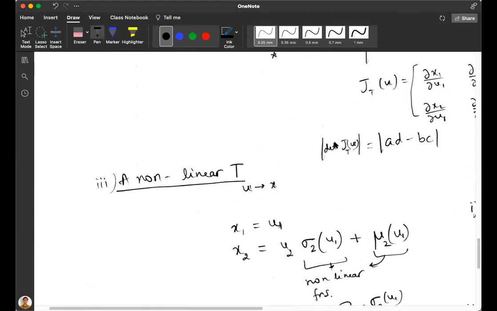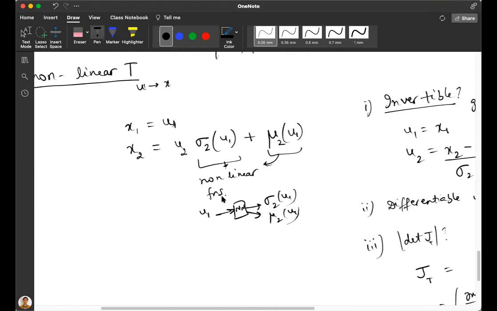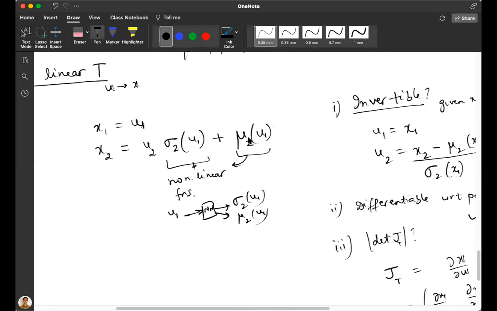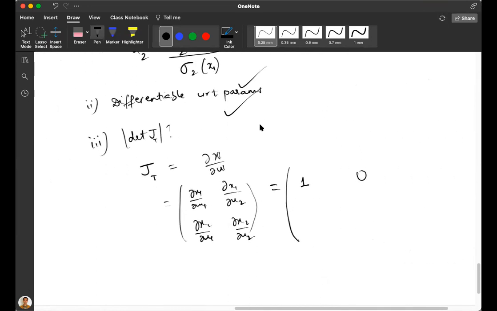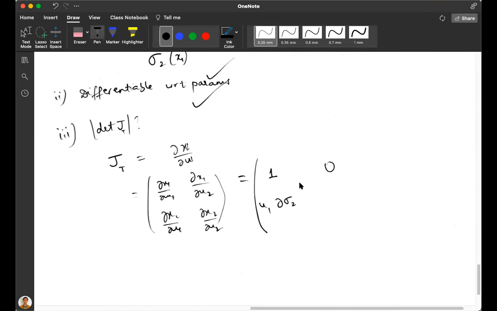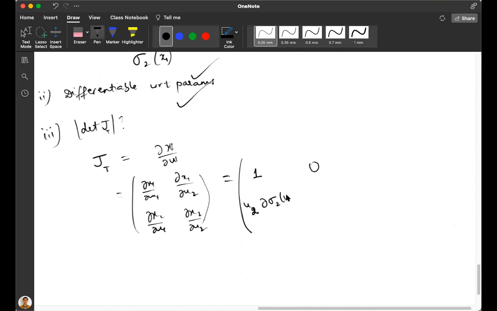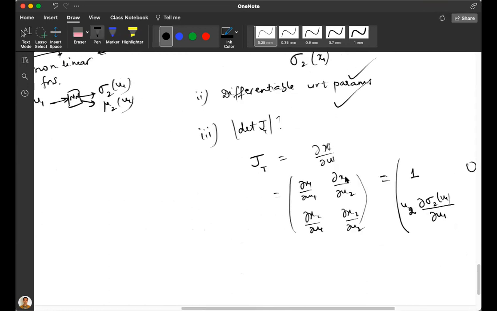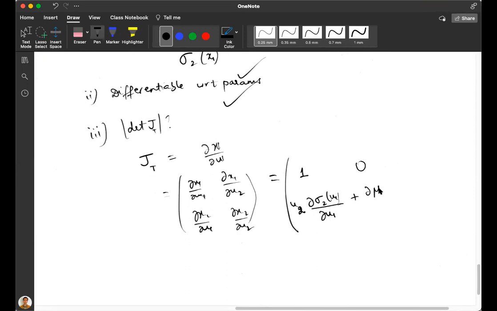What is dou x2 upon dou u1? It's some kind of derivative of the neural networks: the derivative of sigma 2 with respect to u1, times u2, plus the derivative of mu 2 with respect to u1.